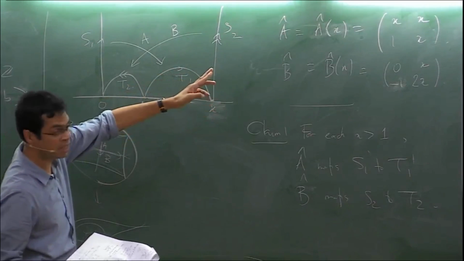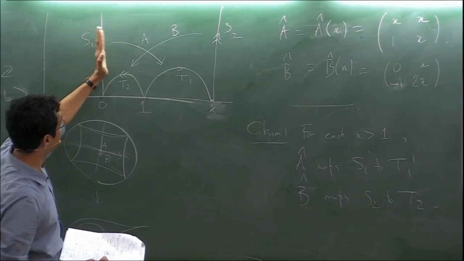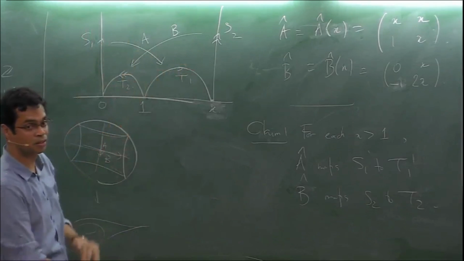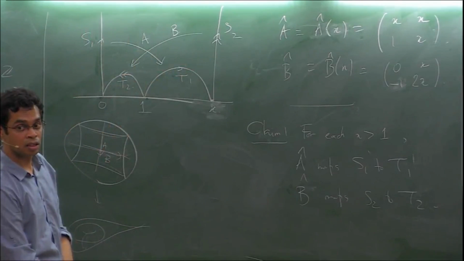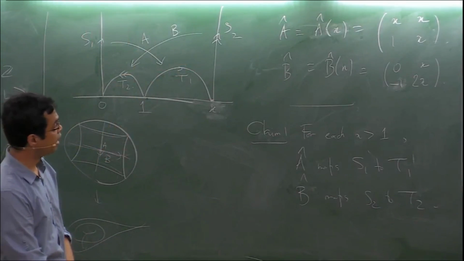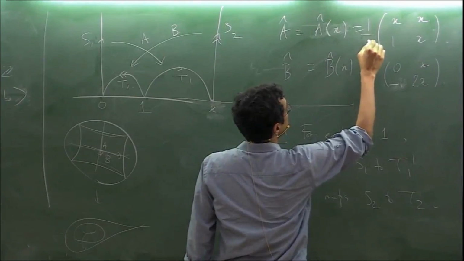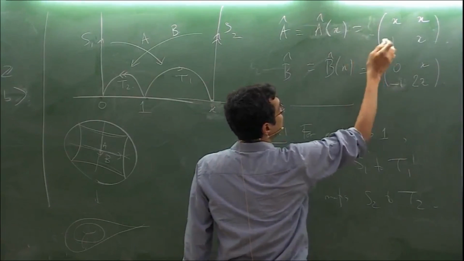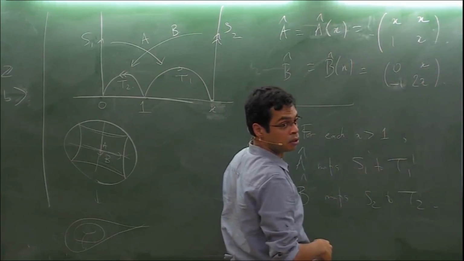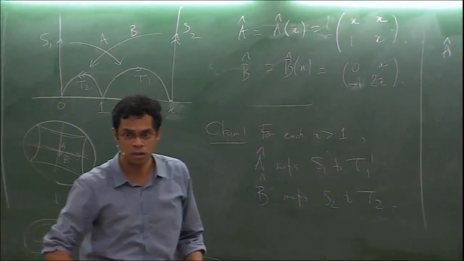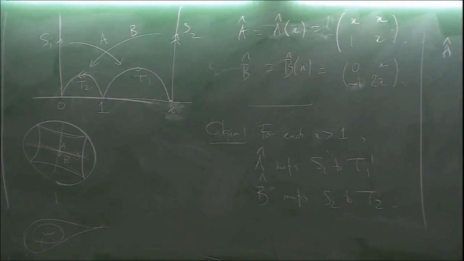So these are matrices that take this to this and this to this. I didn't normalize. You have to divide by something to make the determinant 1, but before that, this is what happens. Any questions?